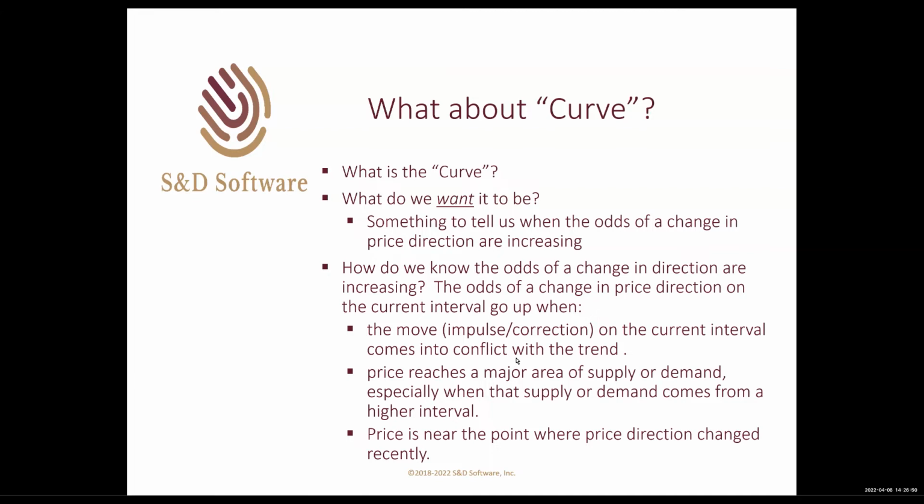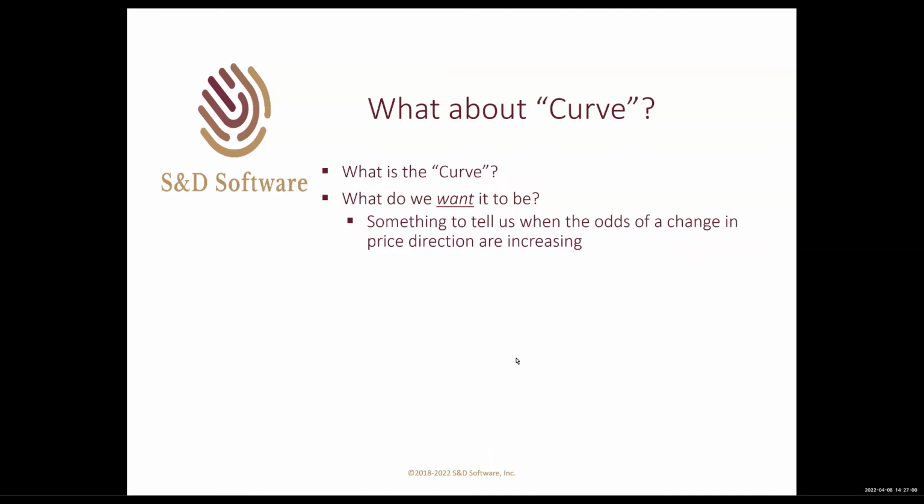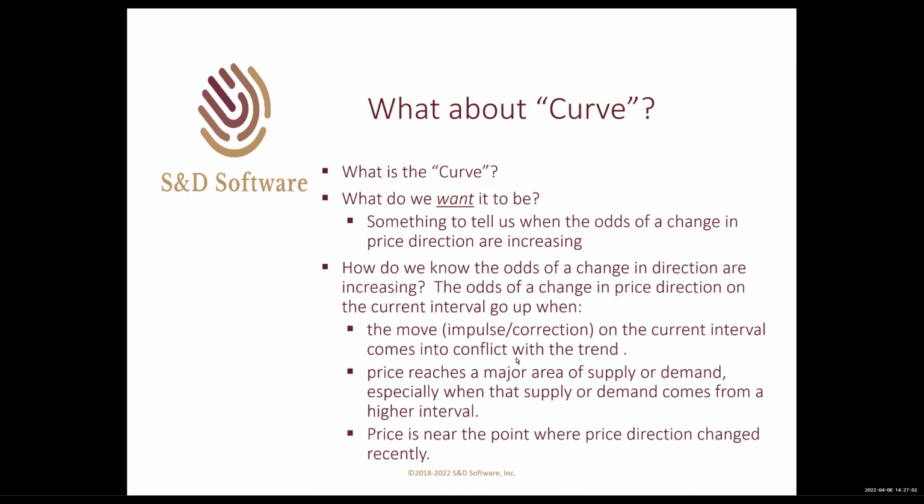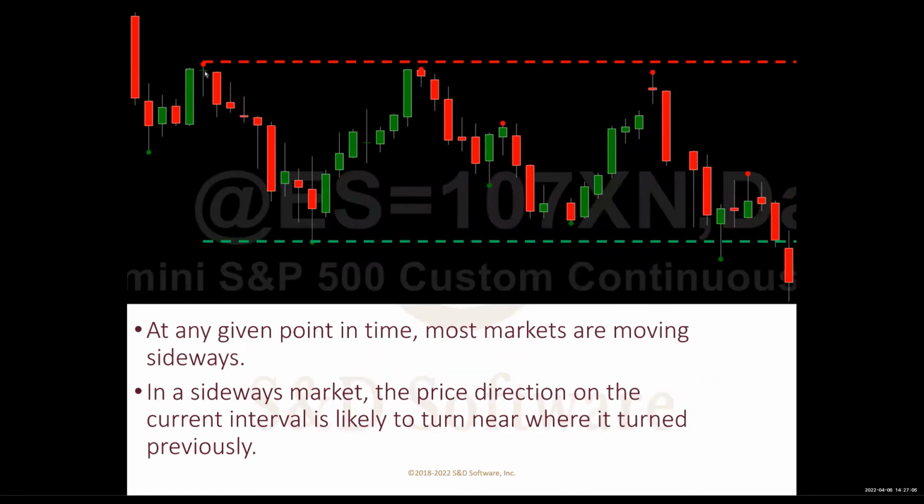If you think about it, if you're in a sideways trend, what's happening? You're in a channel, a sideways move. We see here what happens. Price gets close to where it changed direction before, and it changes again and again.